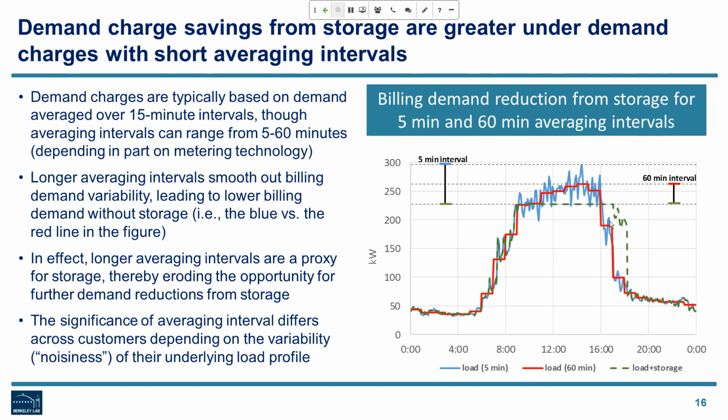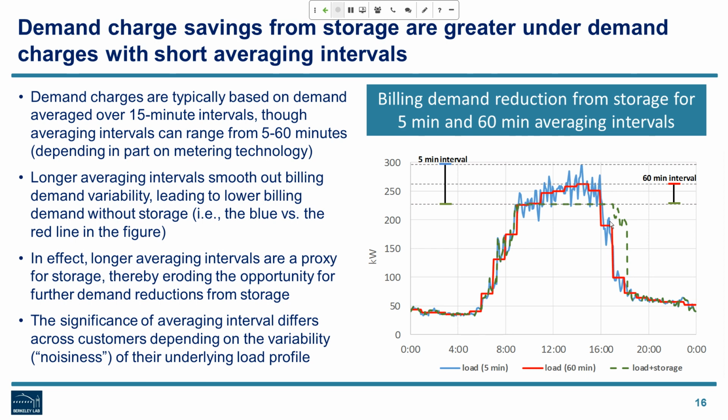Now let's look a little bit more closely at why shorter averaging intervals lead to greater demand charge savings. Demand charges are typically based on demand which is averaged over a 15-minute chunk of time, but these can be averaged over intervals ranging anywhere from 5 minutes to an hour.